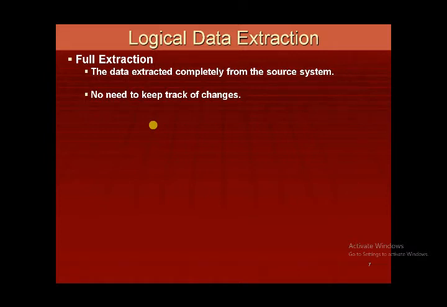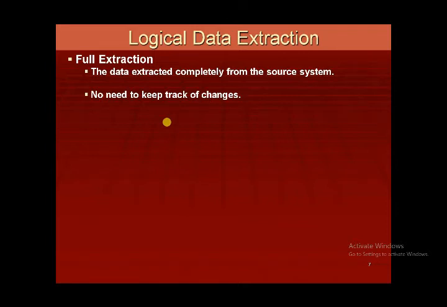From 7 p.m. yesterday to 7 p.m. today, the data that was brought inside the source system in that time period, we pick all of it from the source system. We do not look at which data was changed since the last extraction.